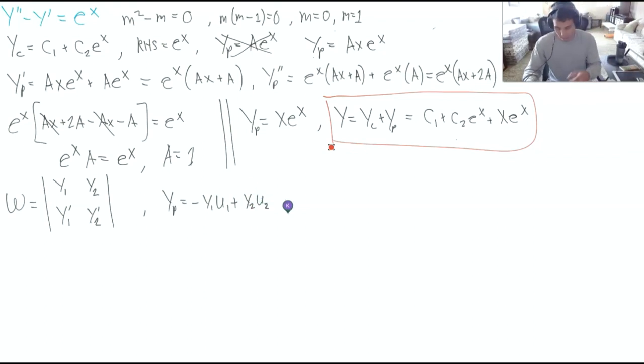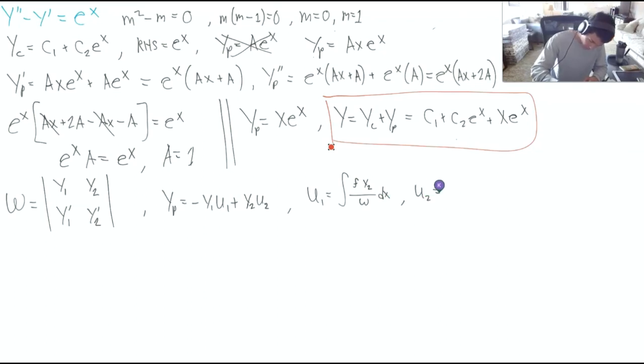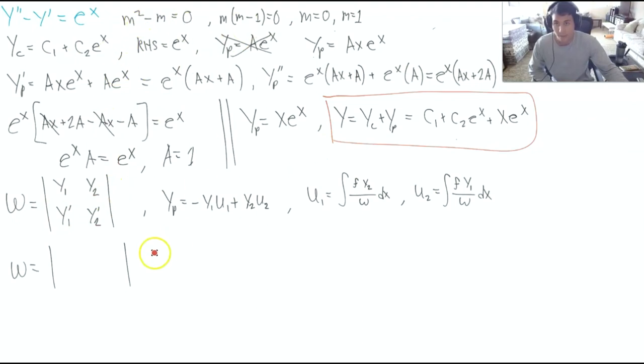And then on top of that, u1 is equal to f y2 divided by w dx. And we also say that u2 is equal to f y1 over w dx. We use these facts. And by the way, I should have said it earlier, you get y1 and y2 from this complementary solution.